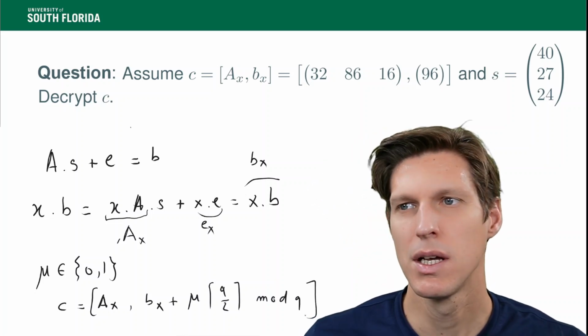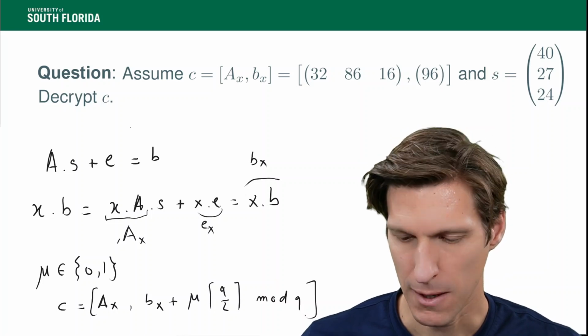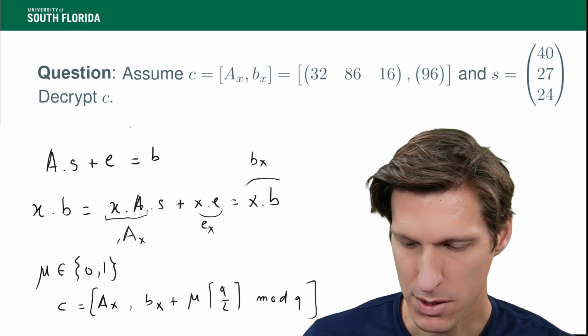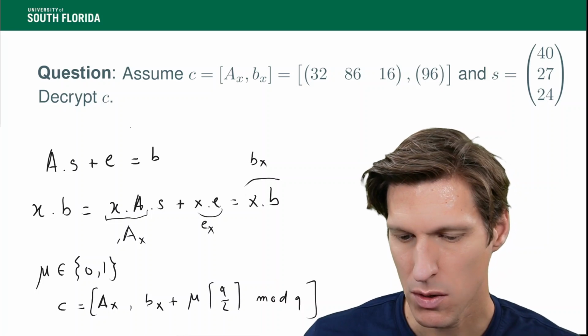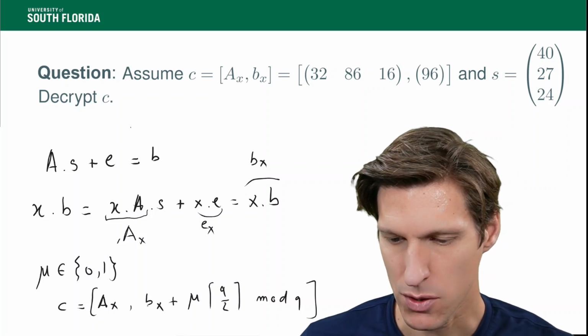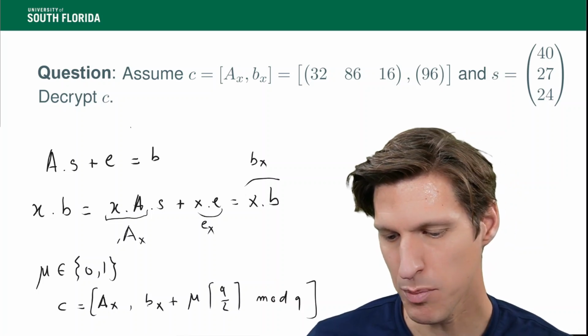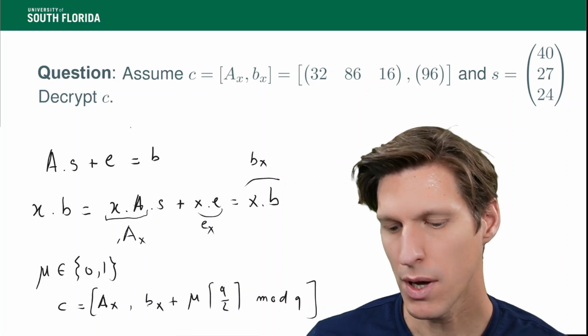Maybe I should write it down just to be on the safe side. All right. So what happened here? On the second coordinate, what I have is A_x times S plus an error plus the message.